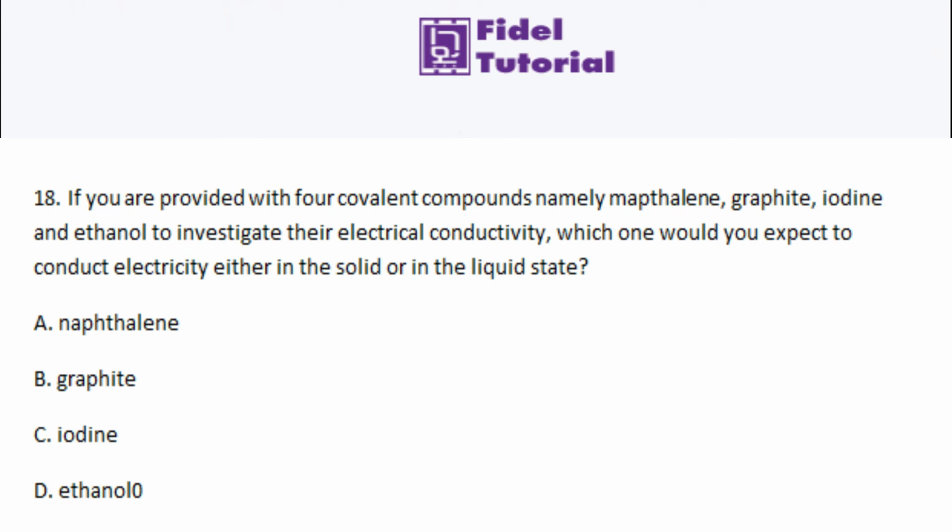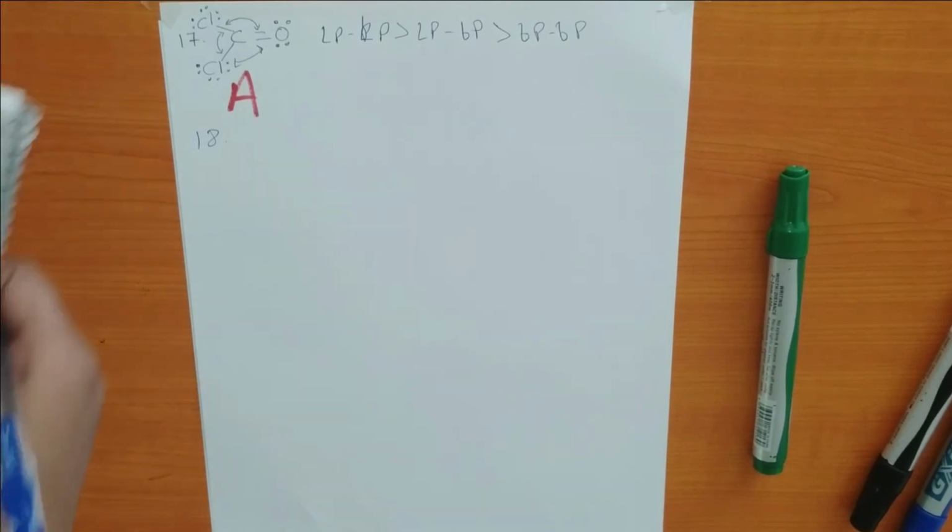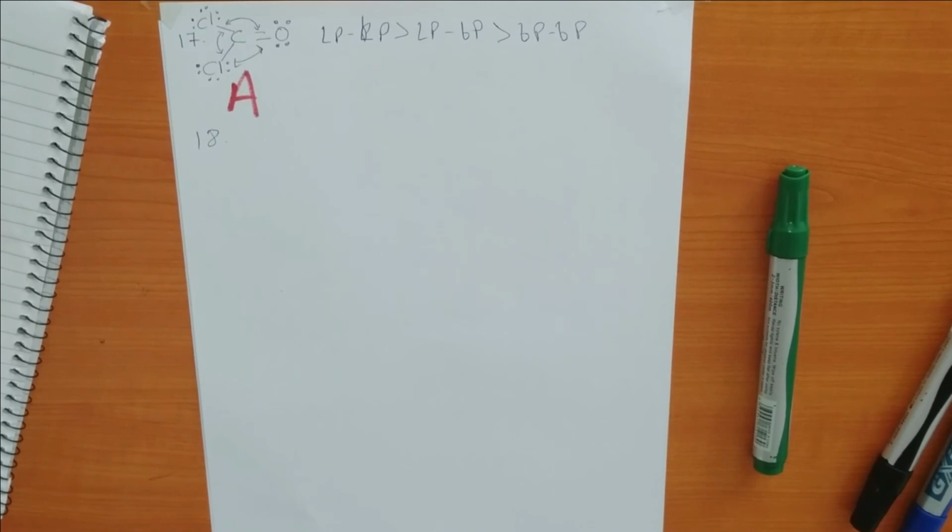Graphite is extensively used in electrodes for batteries and electrolysis due to its high electric conductivity. Iodine is a terrible conductor. Ethanol is a very low conductor. So our answer will be graphite, B.